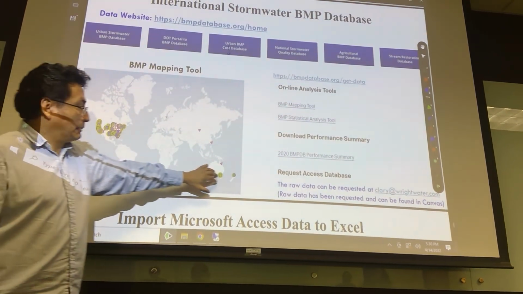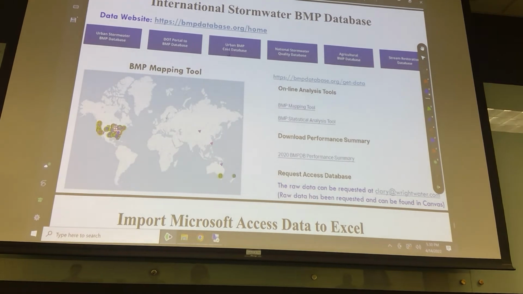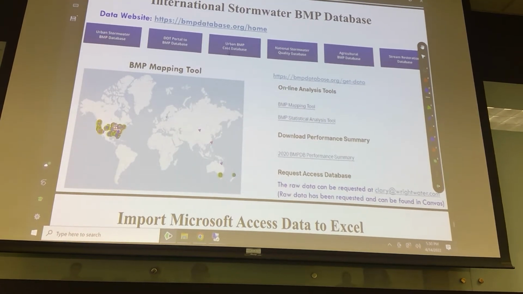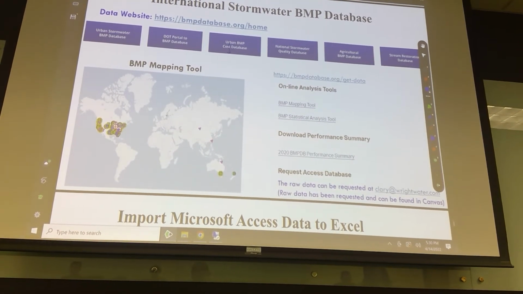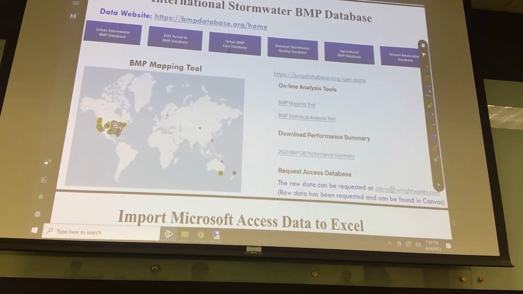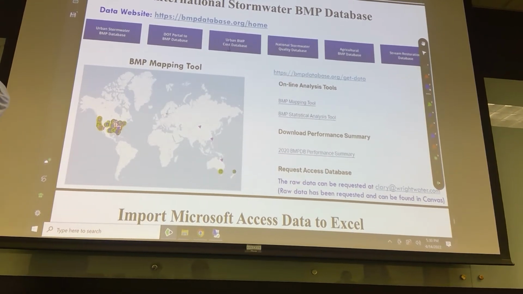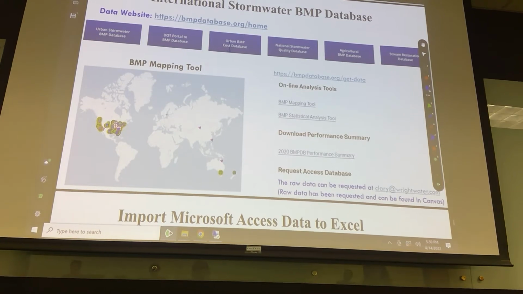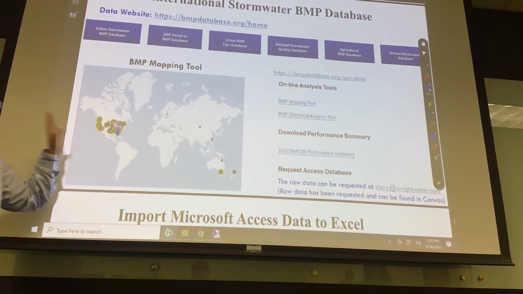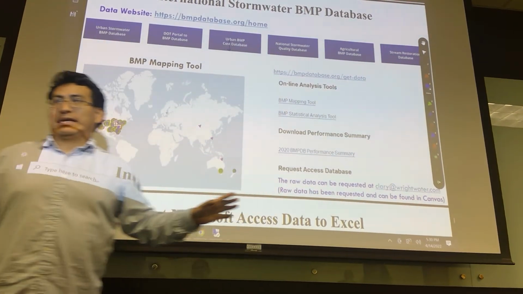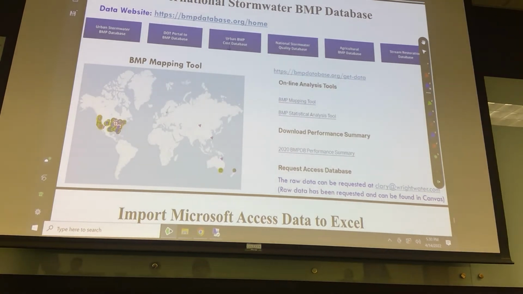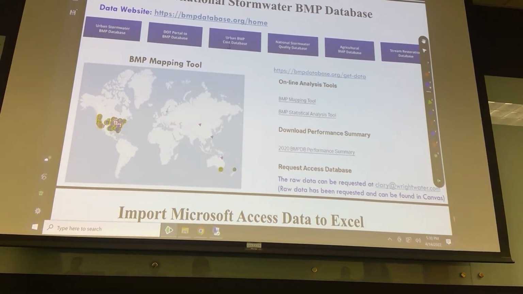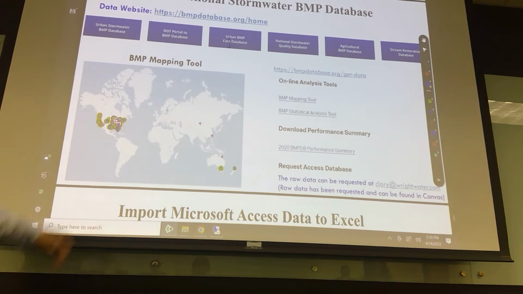So you can access Canvas and download all the data for all types of BMPs in the US and in some countries, since 2004, 2005, all the way up to 2021. For example, if you want to do a thesis on BMPs, the best way would be to access this database, do analysis, and find out. Or if you want to do data mining, this would be a very, very powerful thesis.